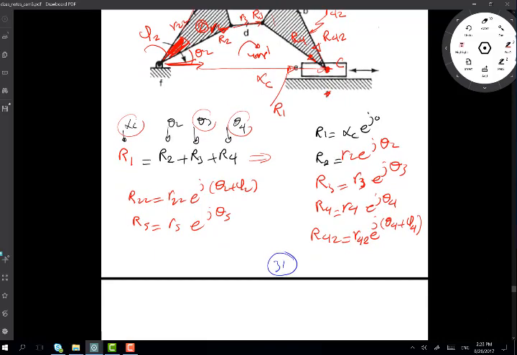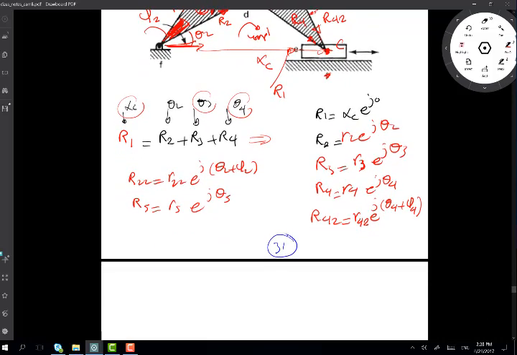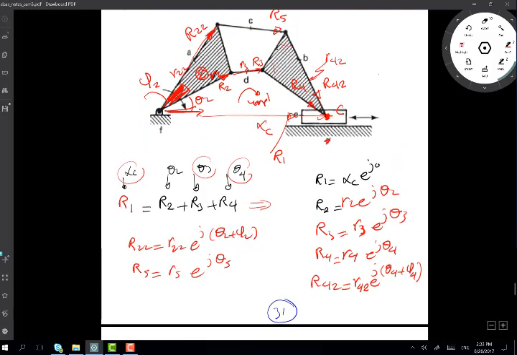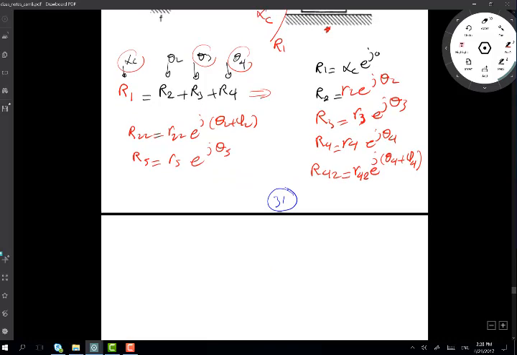Well, in this case, I can write the equation for the second loop. So the second loop equation will look like what? It will look like R1 is equal to R22 plus R5 plus R42.